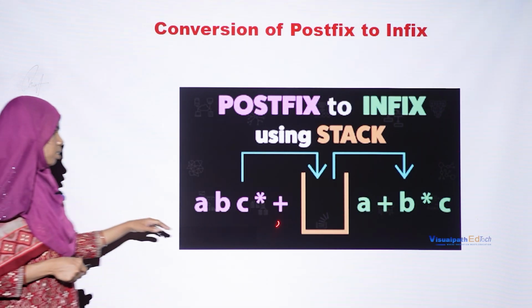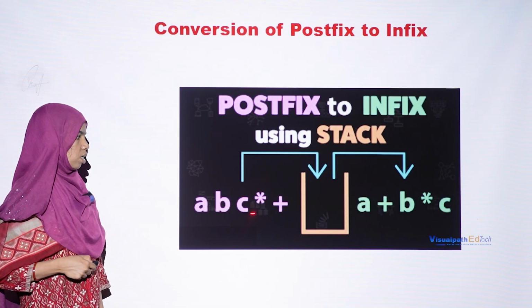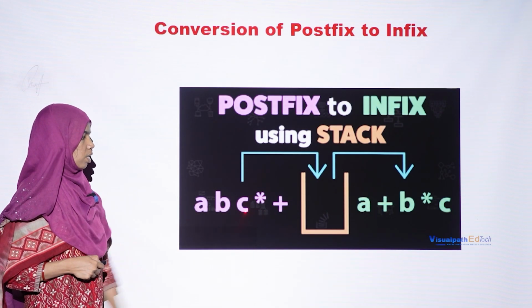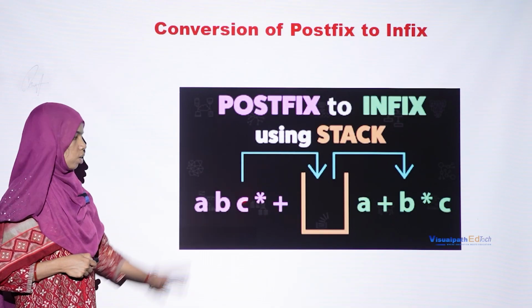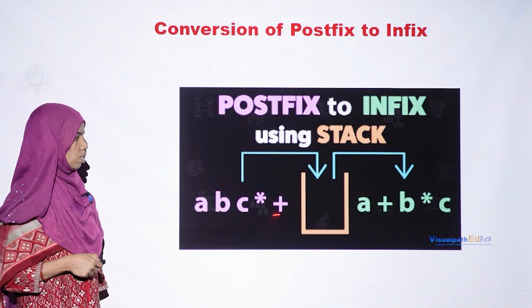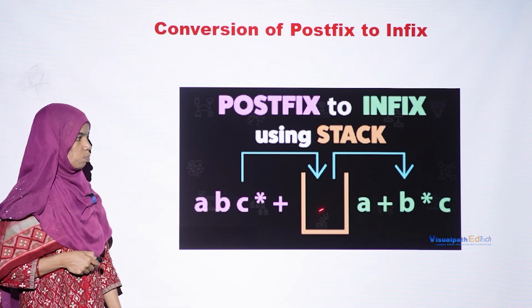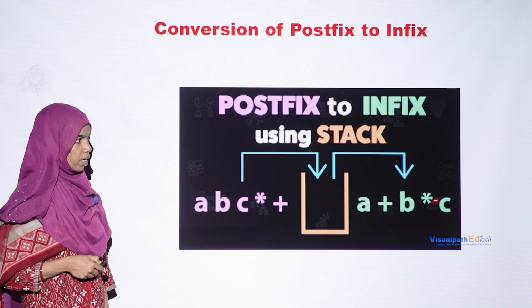What you should remember here is that only the operators are sent into the stack, and as soon as you encounter the first operand, it is sent directly into the infix. As soon as you encounter the next operand, you first pop out the available operators.